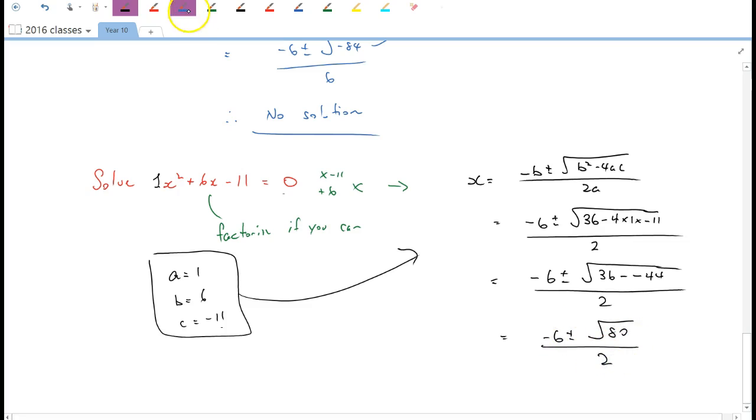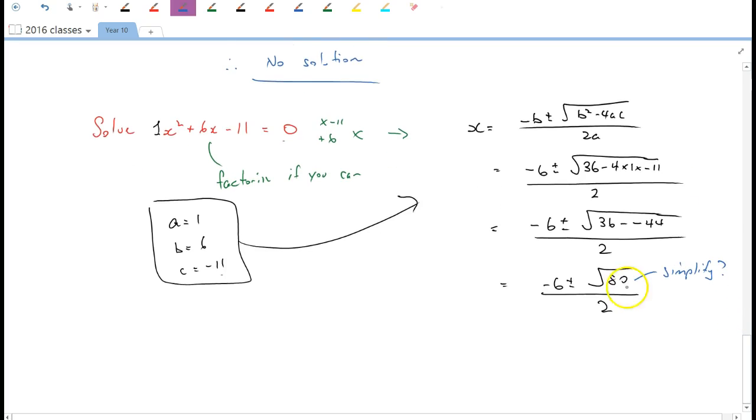Now we've always got to pause at this point and try to simplify if we can, which is also excellent revision. Can we simplify the square root of 80? Good chance we can. I can see 4 goes into 80. Remember, we're looking for a square number that goes into this number. 4 goes in, but even better, 16 goes into 80, since 16 times 5 is 80.